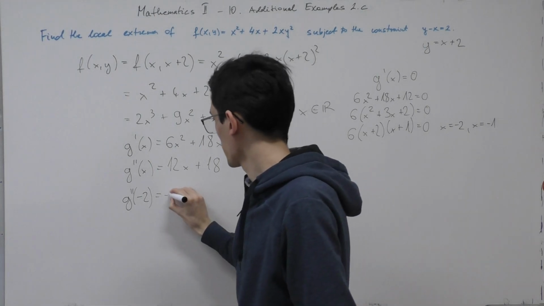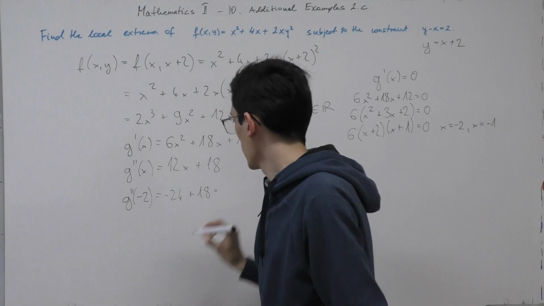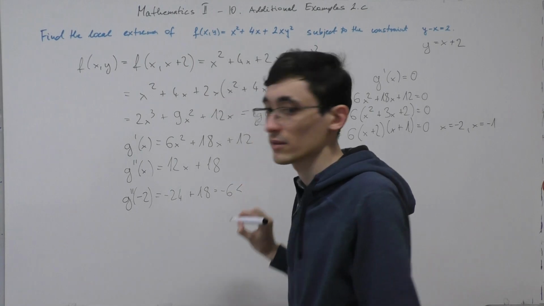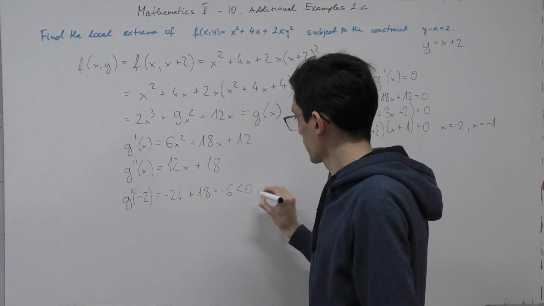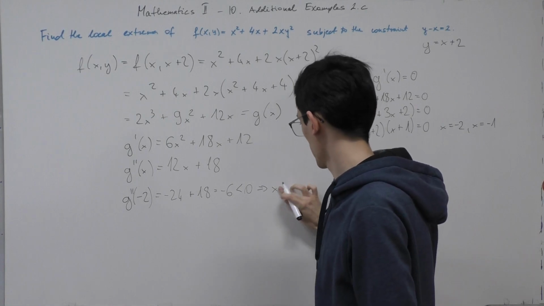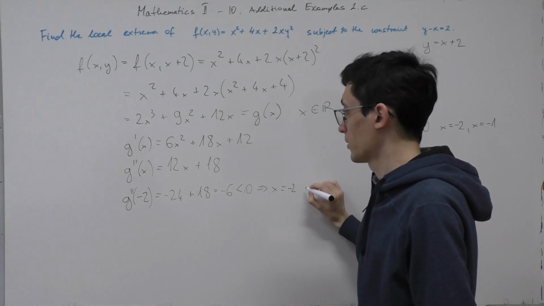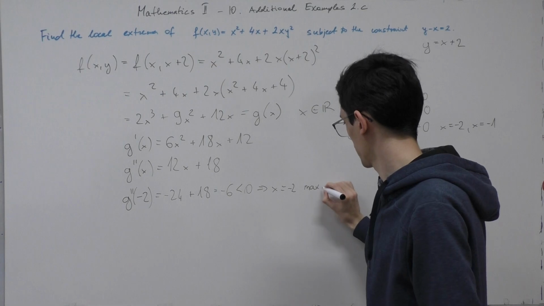We have negative 24 plus 18, which is negative 6, which is smaller than 0. So here we have at x equals negative 2 a local maximum place.